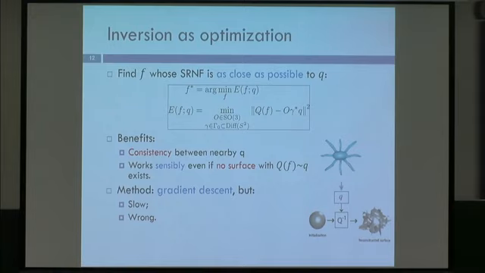So for a given Q, we look for a surface whose Q function is as close as possible to the Q that we actually have. So we search over the space of surfaces. For each surface, we map it into Q space, and we calculate its distance, and we try and shrink that distance as close to 0 as possible.